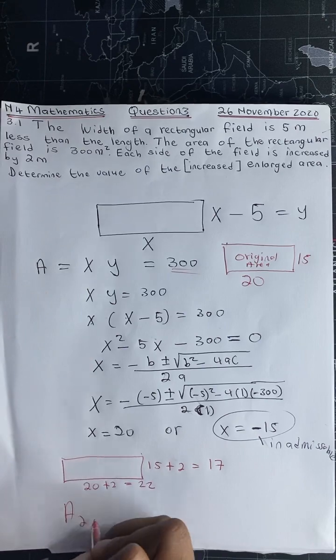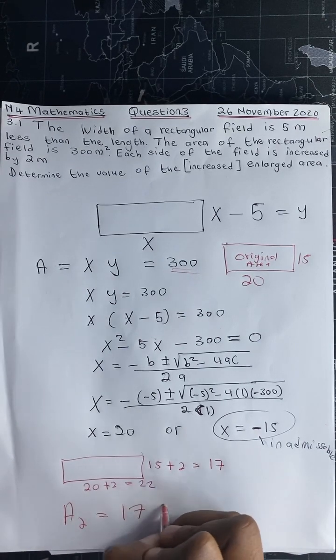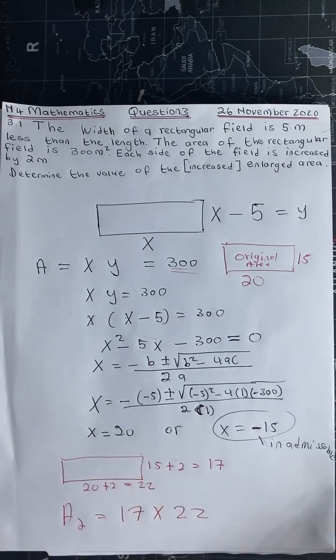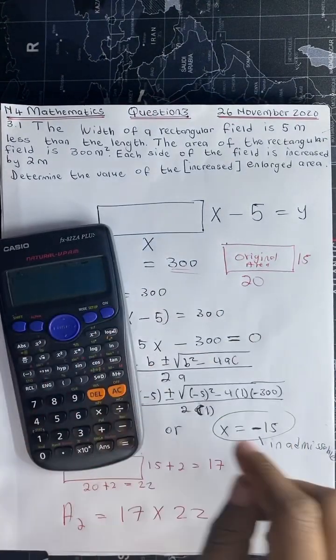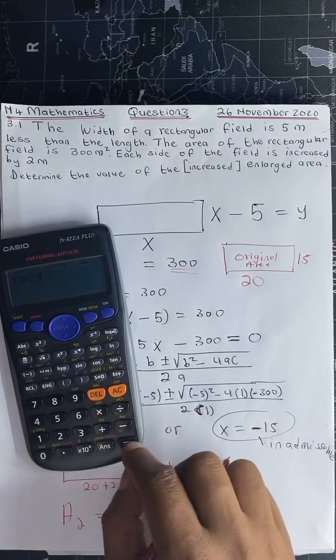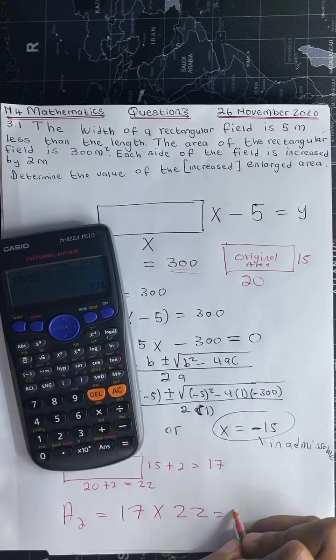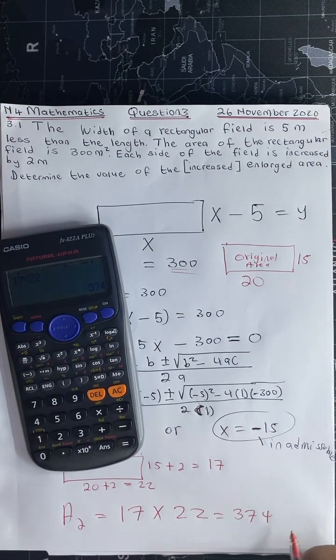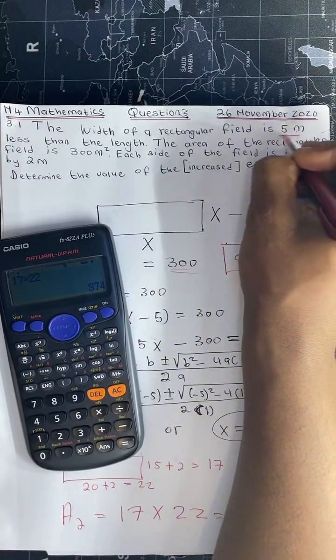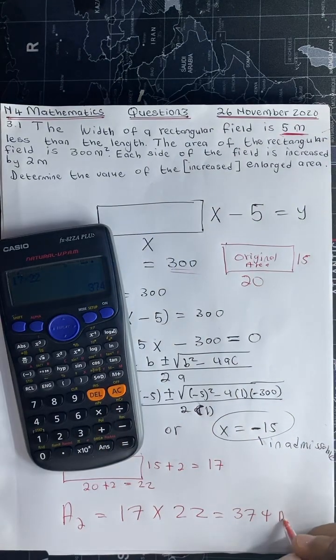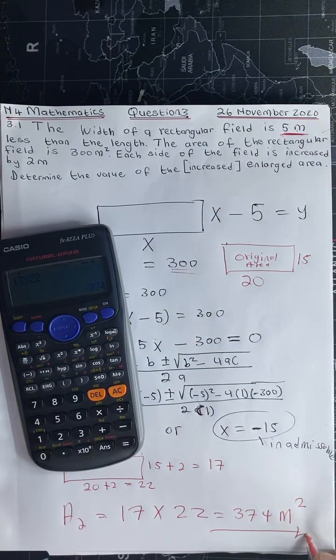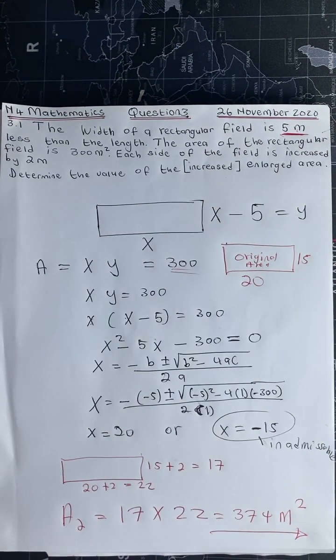So area 2 will be equal to 17 multiplied by 22, and we are expecting it to be more than that 300. So this will be equal to 374, and the area is in meters squared. And this will be our answer for question 3.1.